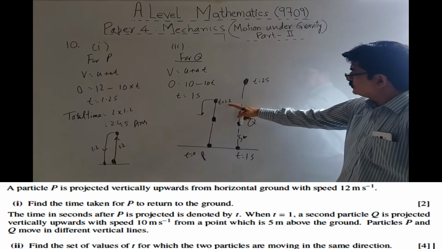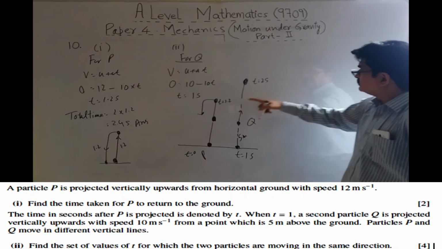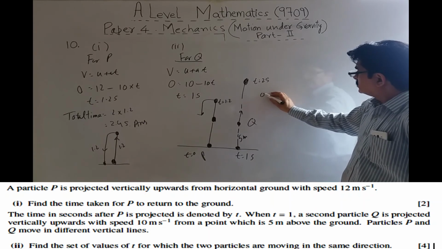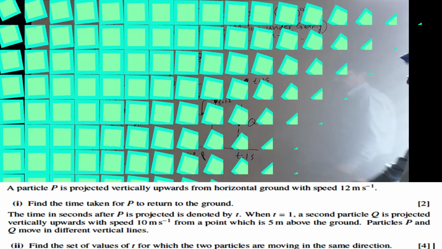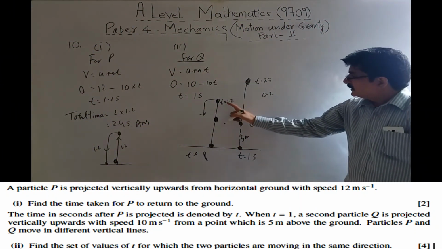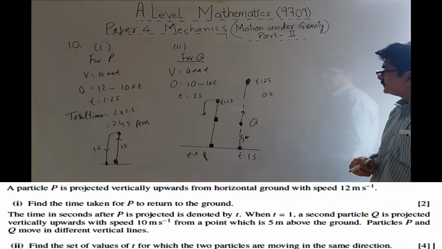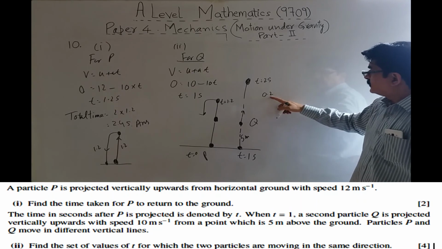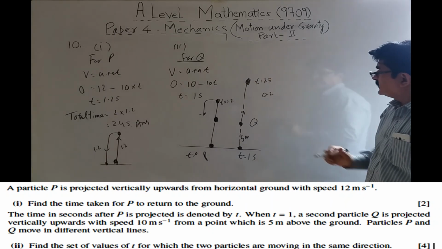But 1.2 means that for Q the time is only 0.2 seconds. So after 1.2 seconds, P will be moving down and Q will be moving up. For Q only 0.2 seconds are gone. Now Q needs 0.8 seconds to reach the highest point.